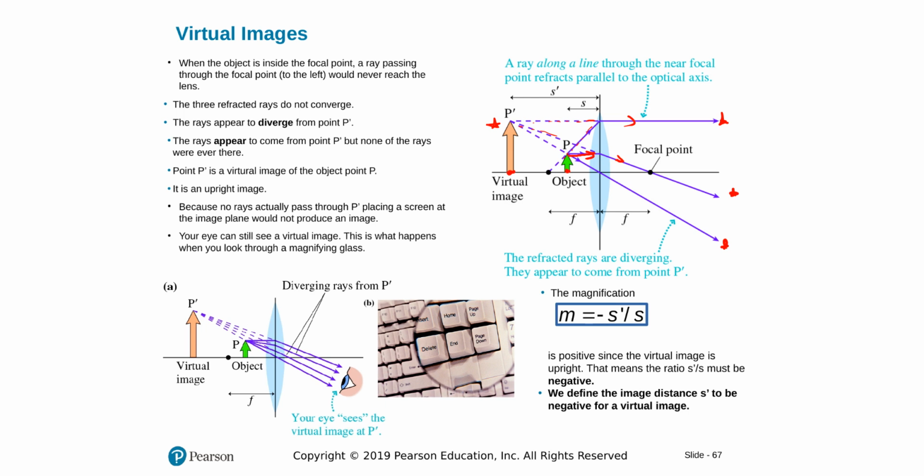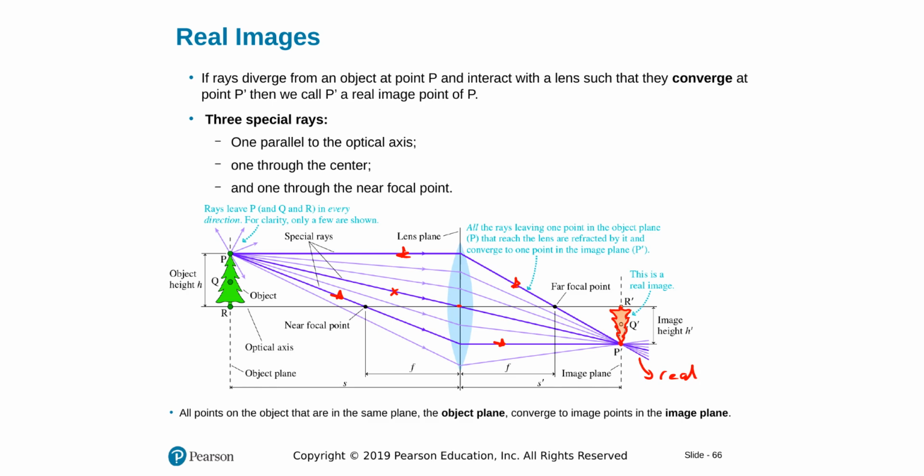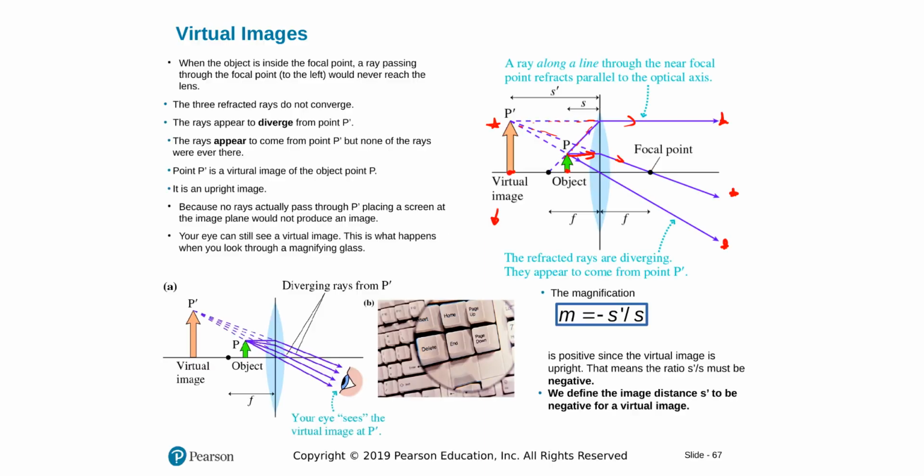So we'll have a virtual image, right side up, larger than the object, and we'll have that behind the object. Notice here the object and image are on either side for real images, the object on the left side and the image on the right side, but for a virtual image, object and image are on the same side. Both are on the left side, or both could be on the right side.